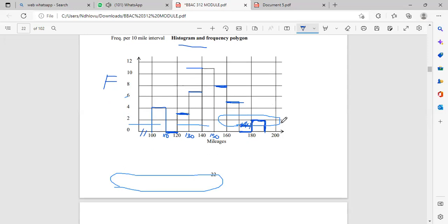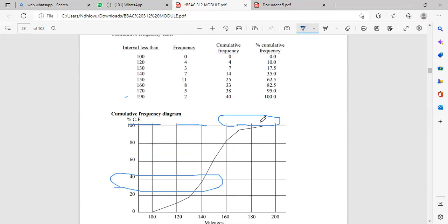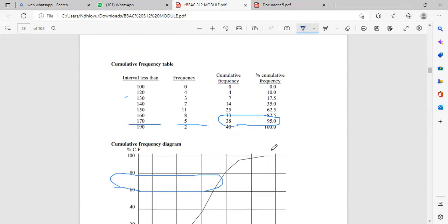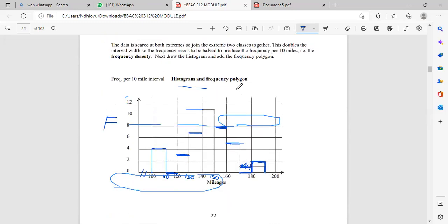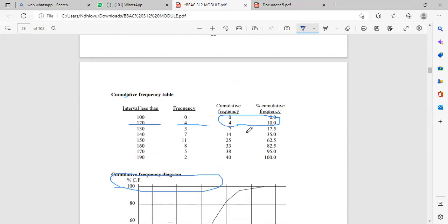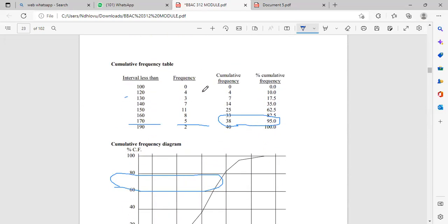Anyway, so we now move on to the frequency polygon. Okay, so here in the frequency polygon, we are just getting the frequencies and accumulating them. So at here between 100, the frequency was 0.